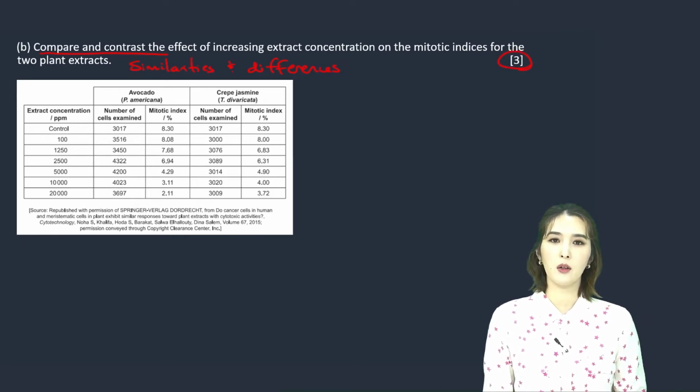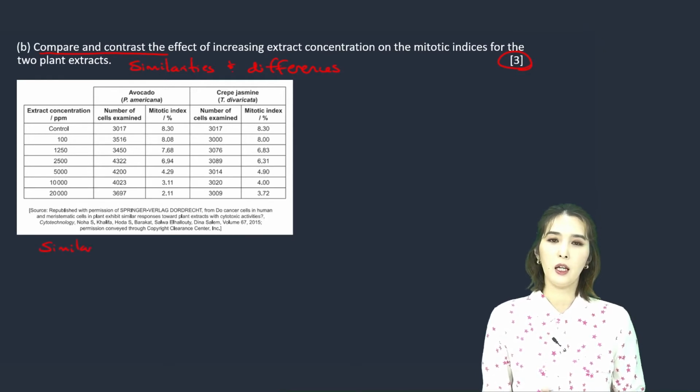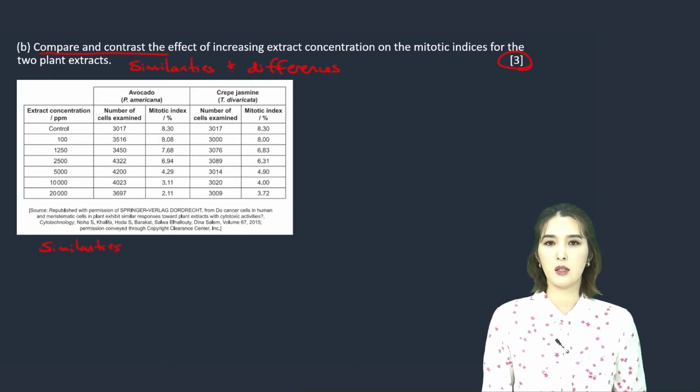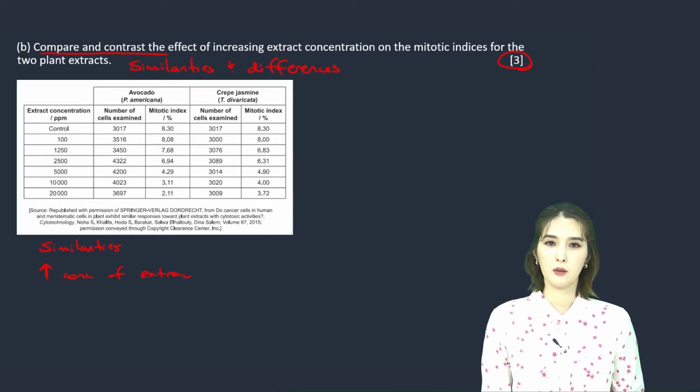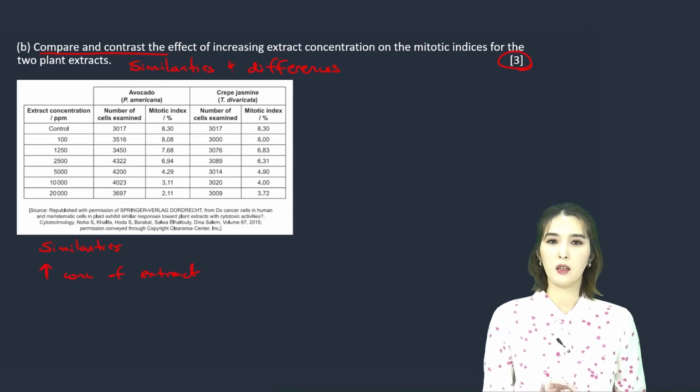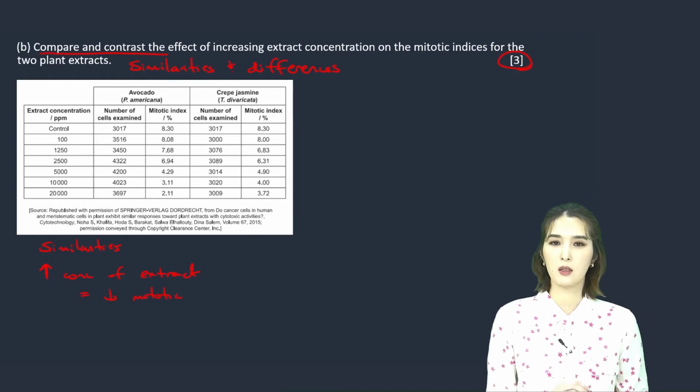And so the similarity here would be that increasing concentration of the extracts ends up decreasing mitotic indices for both avocado and crepe jasmine. They both start at 8.3. But as the data show, the avocado extract results in a greater decrease. So that's a difference that we're going to discuss there.